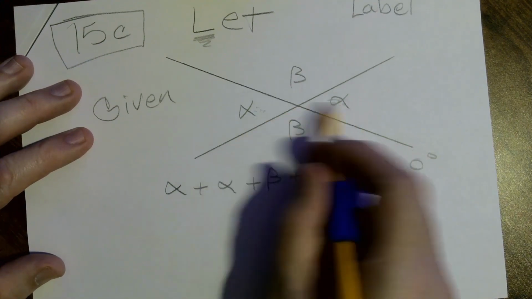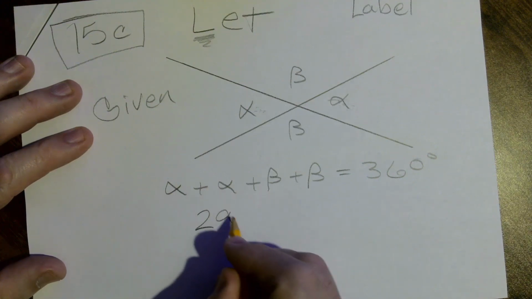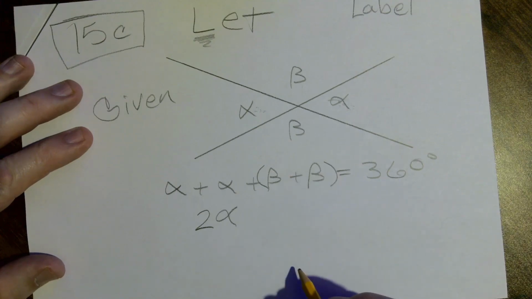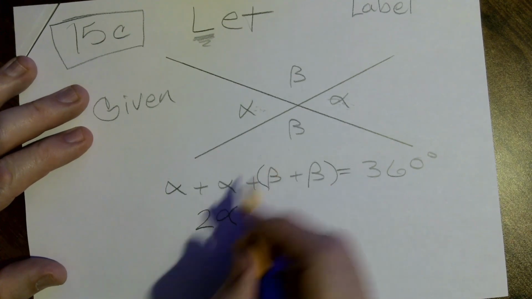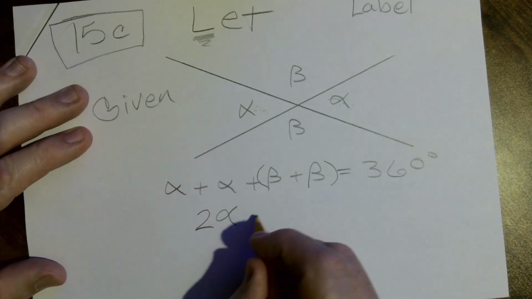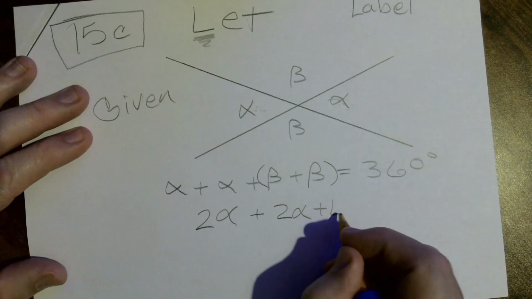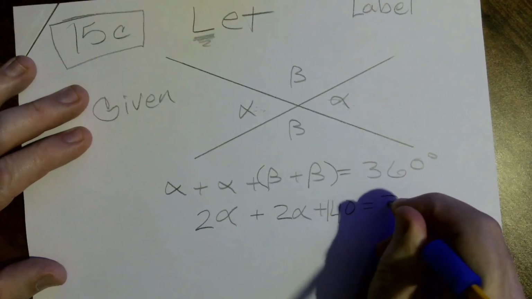So the sum of the other pair, obviously, is 2 alpha. And this sum right here says it's 140 degrees greater than this sum. So plus 2 alpha plus 140 equals 360.